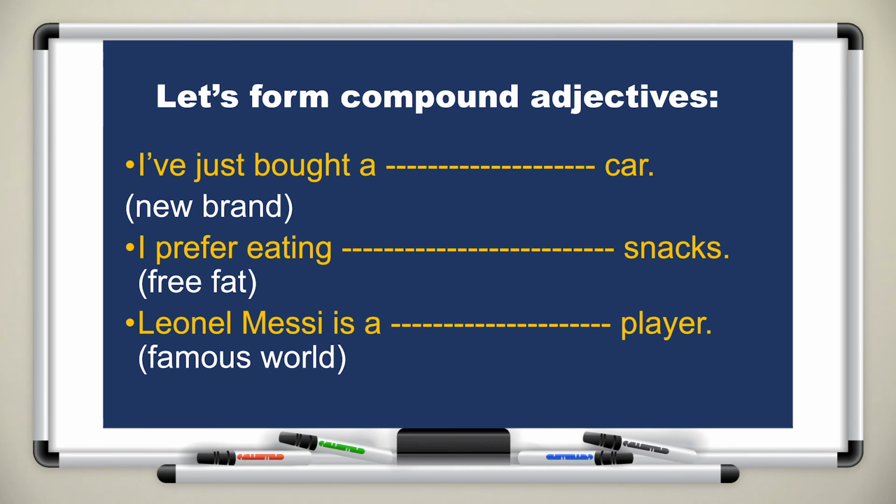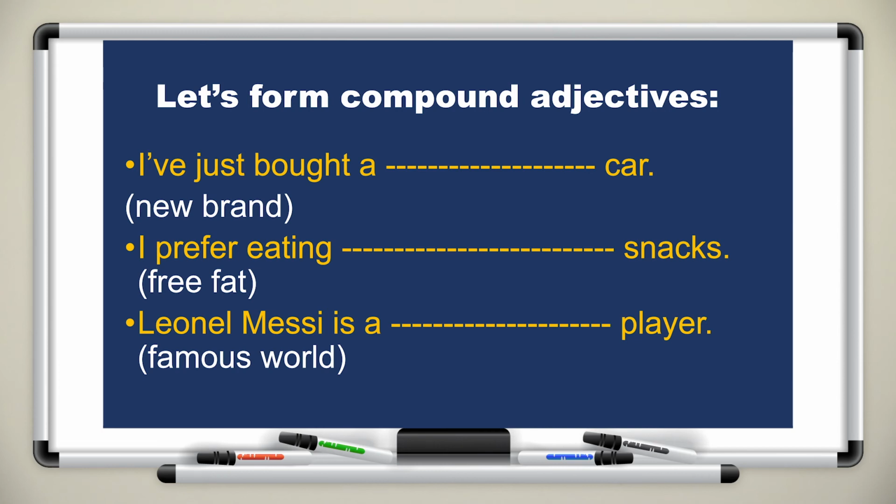The second sentence is, I prefer eating dash snacks, free and fat. Can you create a compound adjective using those two words, fat and free? The third sentence is, Lionel Messi is a dash player, famous and world.